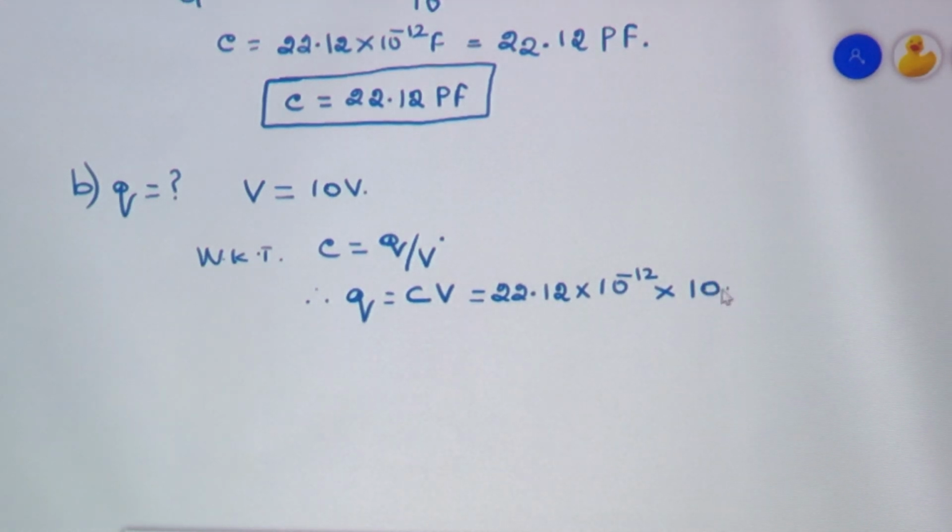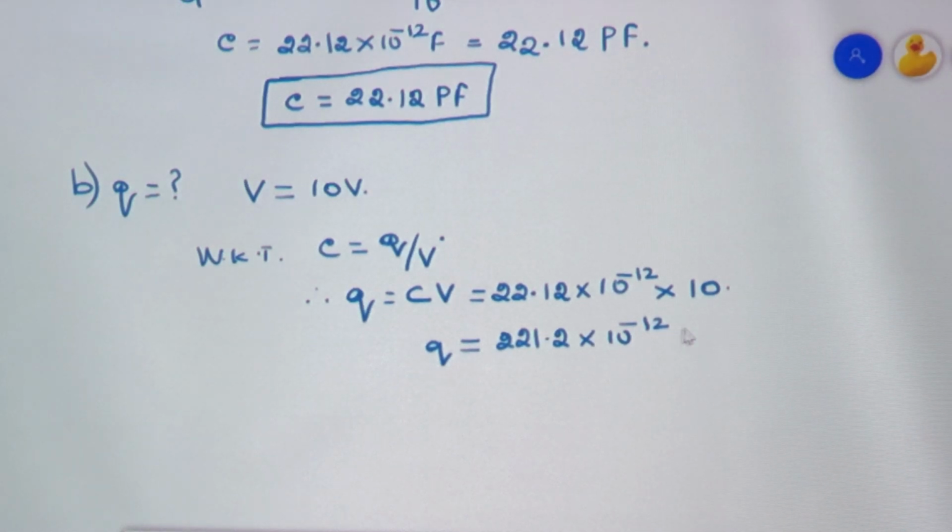Potential we can write as 10. So I can consider the value for charge as 22.12 multiplied with 10, that is 221.2 into 10 to the power of minus 12.